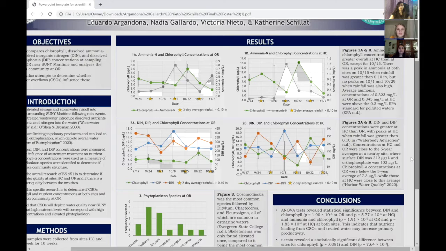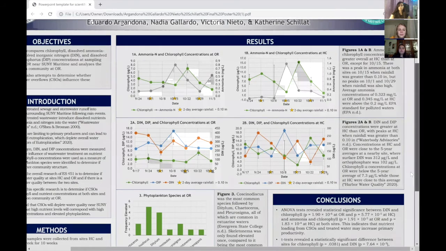We also did some statistical analyses to see if there were significant differences between chlorophyll and the 3 nutrients, and also between concentrations of the same parameters at the 2 sites. So we did one-way ANOVA tests, which just compare the means of, in this case, 2 variables to see if there's a statistically significant difference between them.